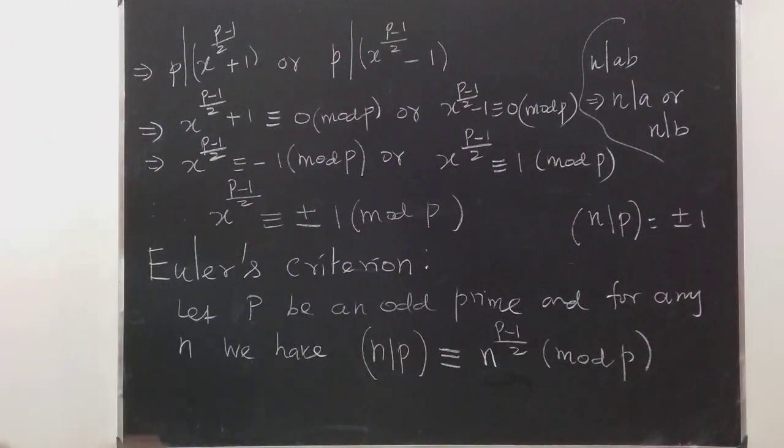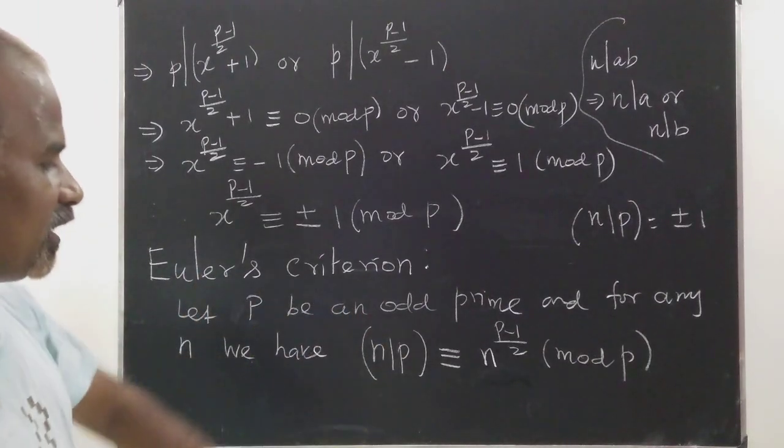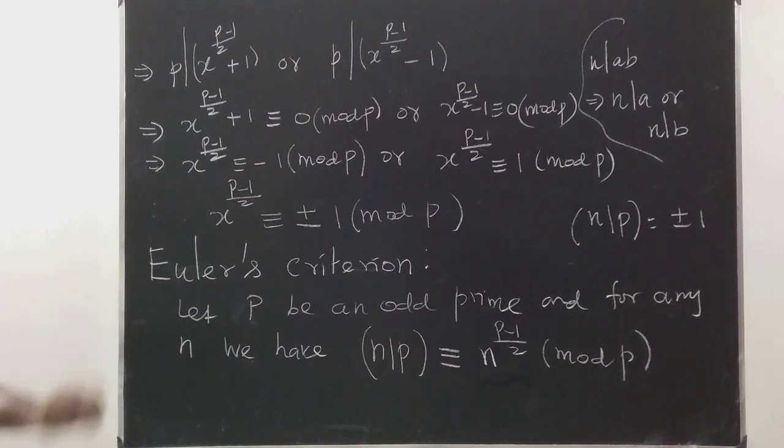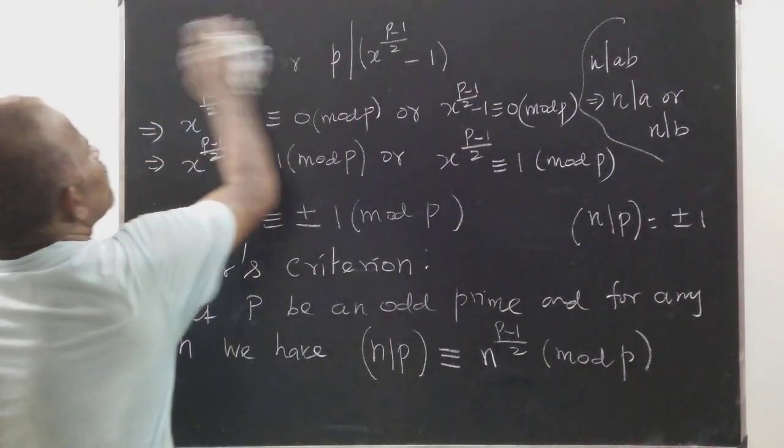This is the important criterion, called Euler's criterion. Now we are going to prove this Euler's criterion.